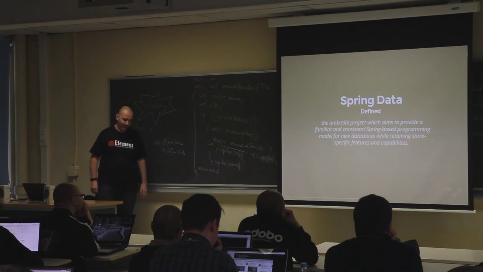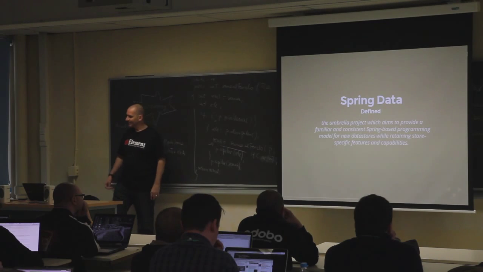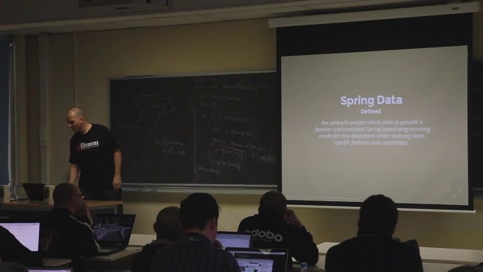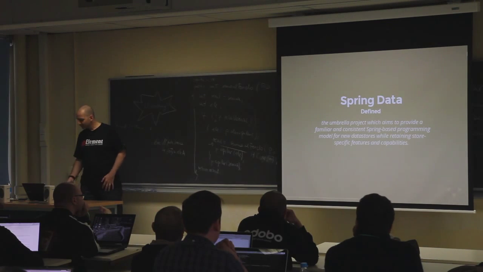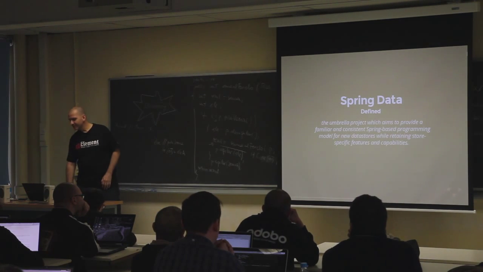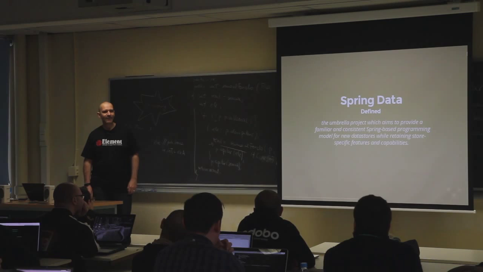The bit I want to speak about is Spring Data. On their website, they've got a definition for what it is. They say it's the umbrella project which aims to provide a familiar, so that is quite a mouthful. So I started thinking, what are they actually trying to say there?